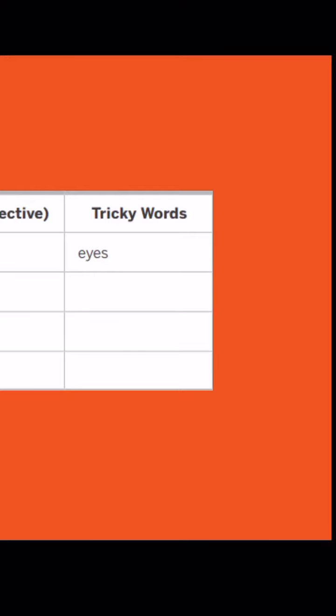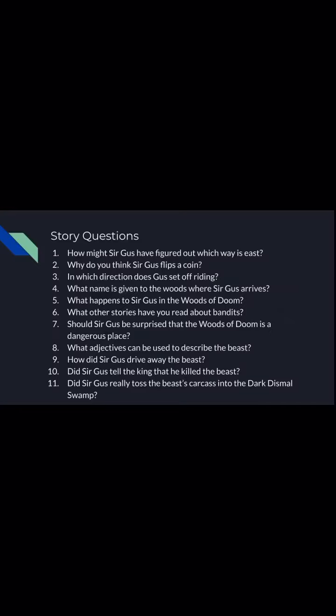Okay, that E-Y is super tricky because it makes the I sound. They work together and make the I sound. Do we all see it? Eyes. Okay, let's move on.